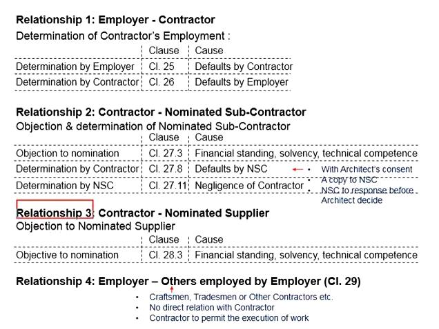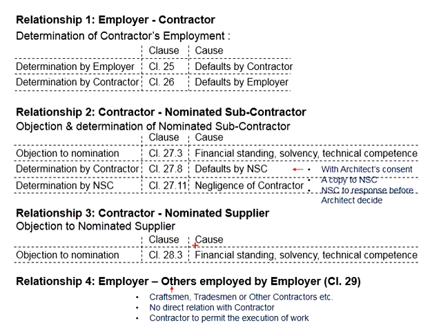Next, we come to the third relationship, which is between the contractor and the nominated supplier. The nominated supplier is supplying the materials and goods to the contractor, and the only way to remove this nominated supplier is through objections during the nominations. If the contractor does not wish to work together with this nominated supplier, the contractor will need to reject or object to the nomination of the nominated supplier from the start, before the nominated supplier has been engaged.